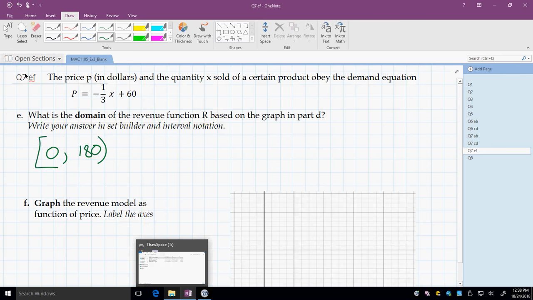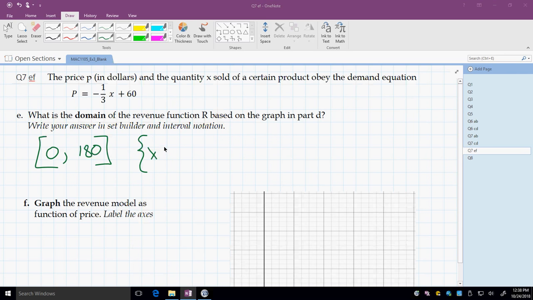The values are included, so we're going to use brackets. In set-builder notation, we're going to open a curly bracket and have 0 less than or equal to x less than or equal to 180. And we can read this as x is going to be in between 0 and 180.